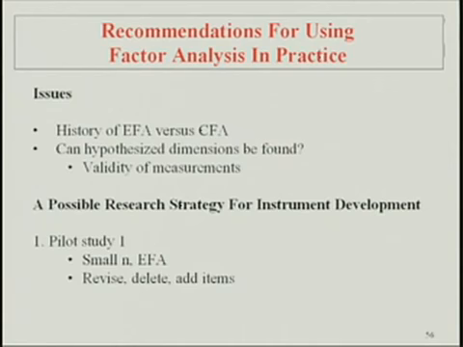Very often also is the issue in factor analysis whether or not hypothesized dimensions can be found. And very often we see examples where people say, well, the theory says there should be 5 dimensions, like 5 dimensions of personality. Why does the factor analysis that I do not indicate 5 dimensions? Well, there's a big step between the hypothesized dimensions and the actual analysis.